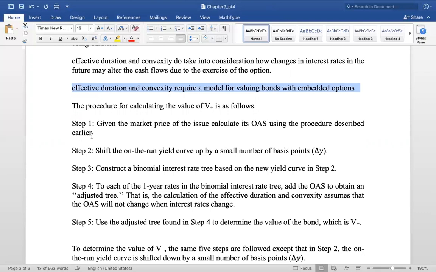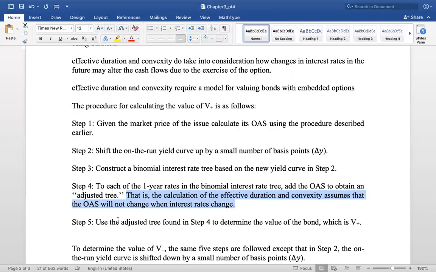Shift the on the run yield curve up by a small number of basis points, and then construct a binomial interest rate tree based on the new yield curve in step 2. To each of the 1-year rates in the binomial interest rate tree, we have to add OAS to obtain an adjusted tree. That is the calculation of the effective duration and convexity. Assume that the OAS will not change when interest rate changes. So this is the assumption.